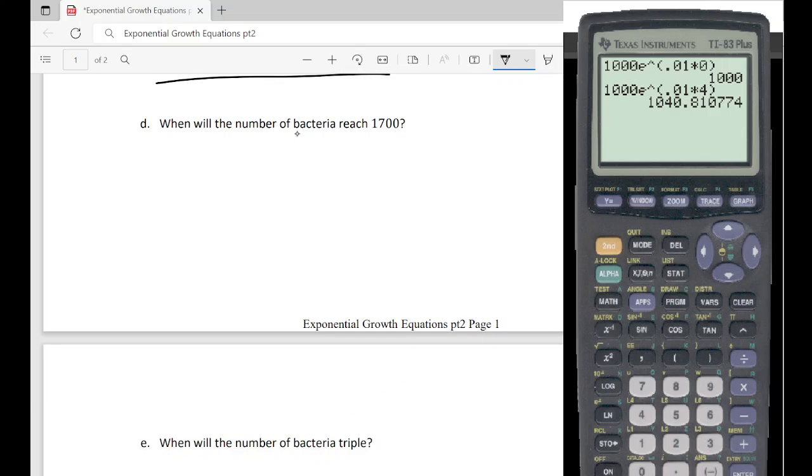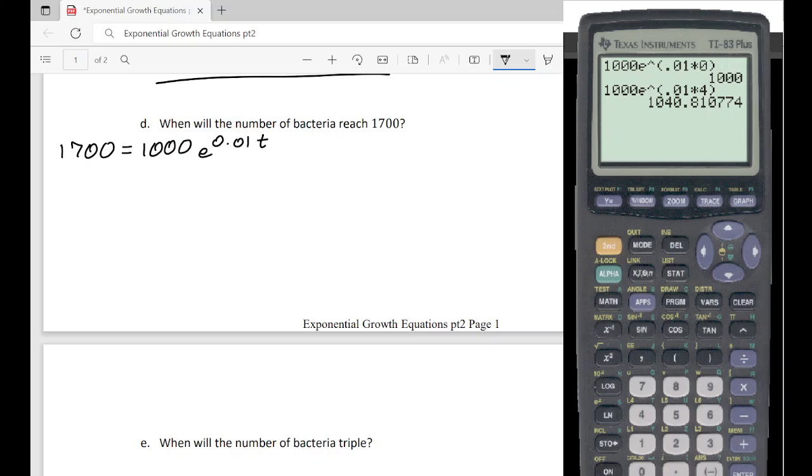Next, when will the number of bacteria reach 1700? So we need to find the time, which means we need to know the amount. And 1700 happens to be the amount. So we're going to set our equation equal to 1700. So 1700 = 1000e^(0.01t). And now we're going to solve.